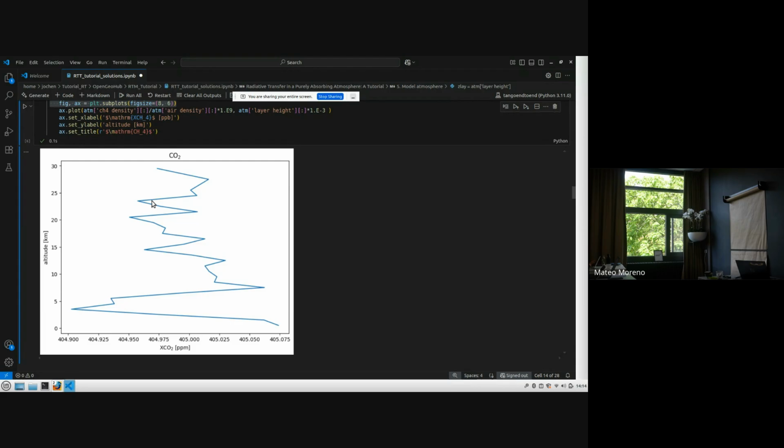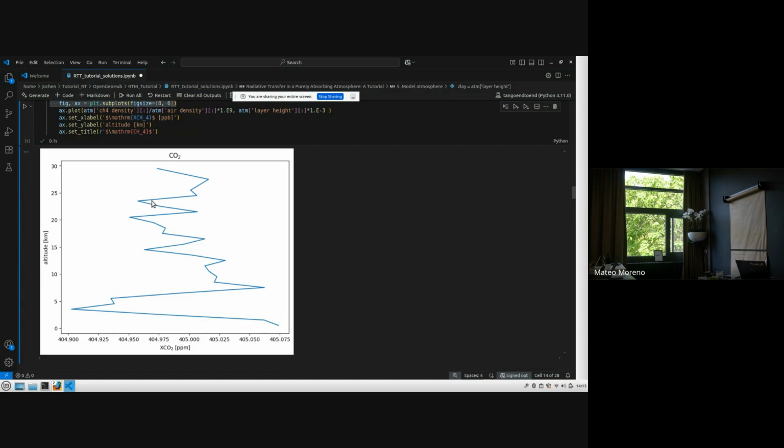You're plotting now the cross sections. Yes, those are the cross sections, and what we're discussing now is the atmospheric concentration.